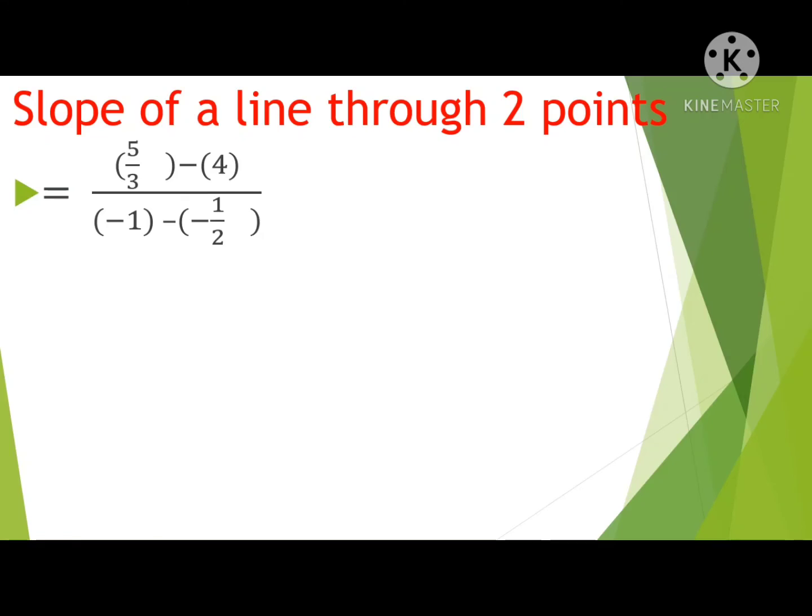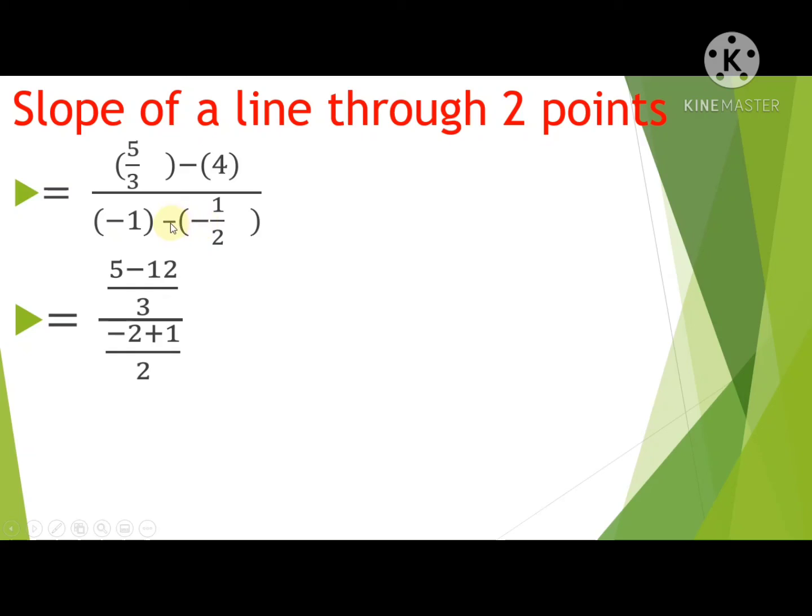So, the LCD is 3. Our LCD is 3, and then copy 5. And then, 3 times 4 is 12. And then, in the denominator, our LCD is 2. And then, negative 1 times 2 is negative 2.